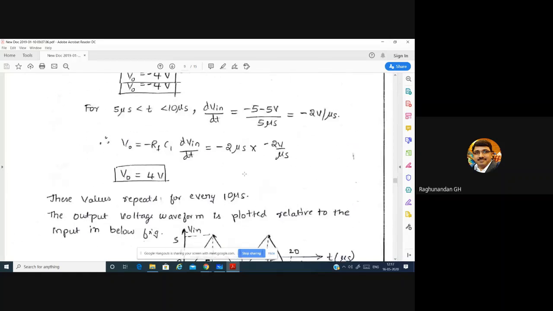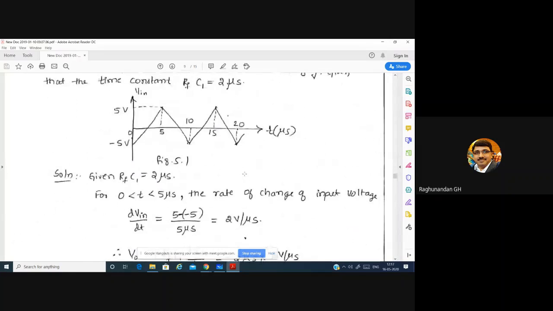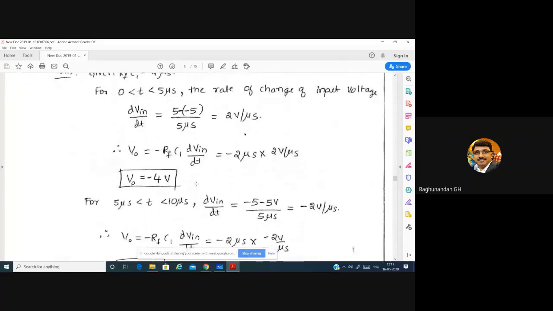Because in the problem itself we have the negative sign. I was telling in the derivation only, we have the negative sign. The negative sign indicates inverting. And you know, the op-amp structure we use to construct a differentiator or integrator is an inverting amplifier.